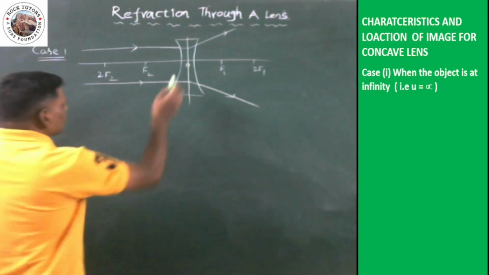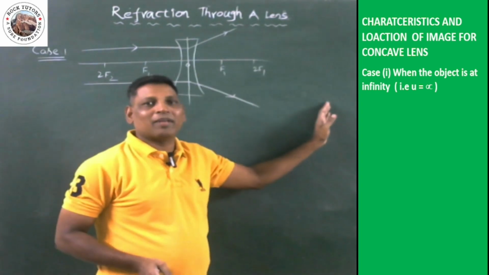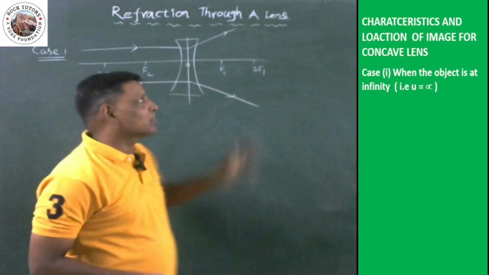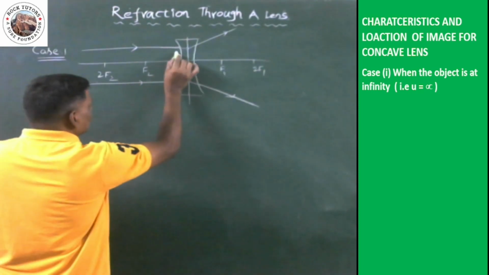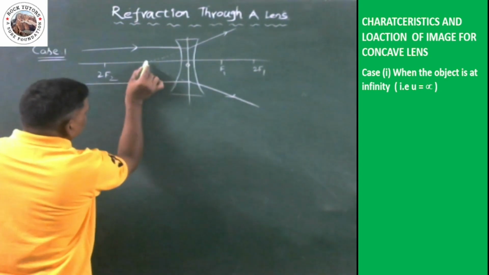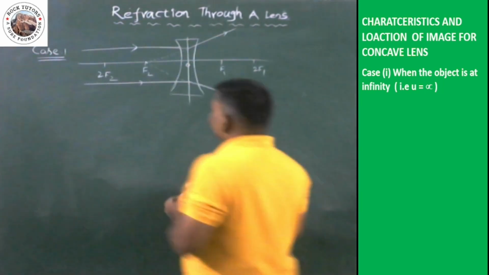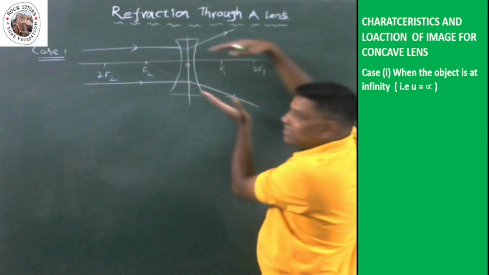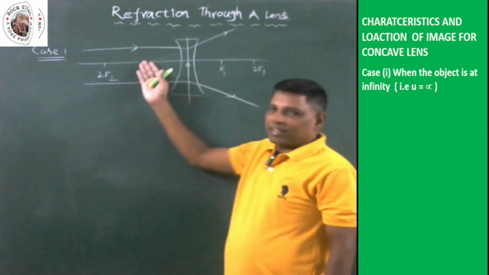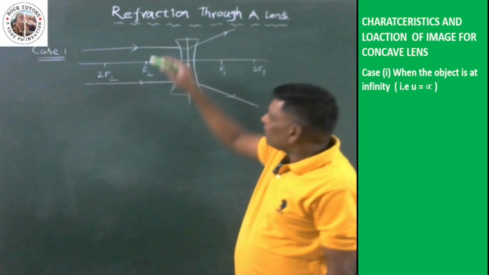If I extend these rays backward, because on this side we will not get an image, since these refracted rays are not meeting on this side, they meet here. They are not really meeting; it only appears that they meet here.